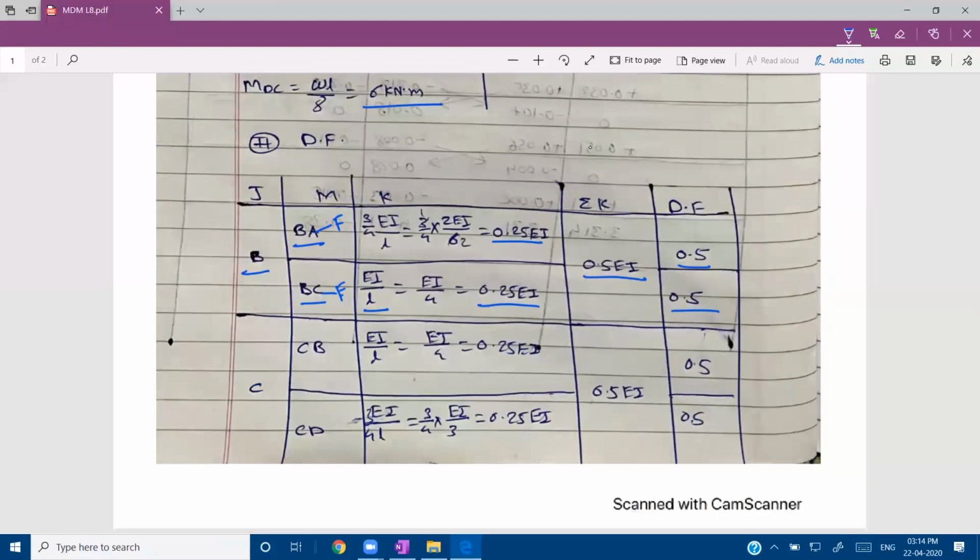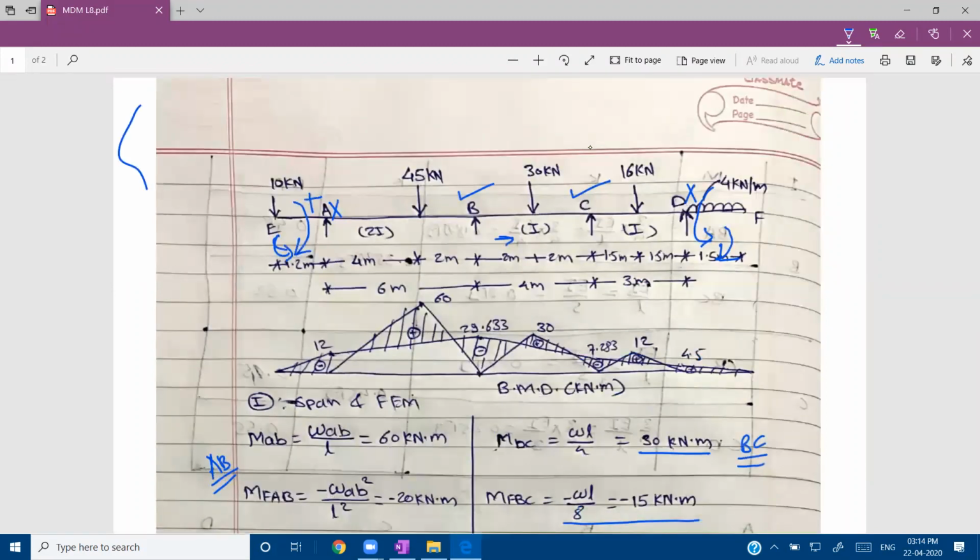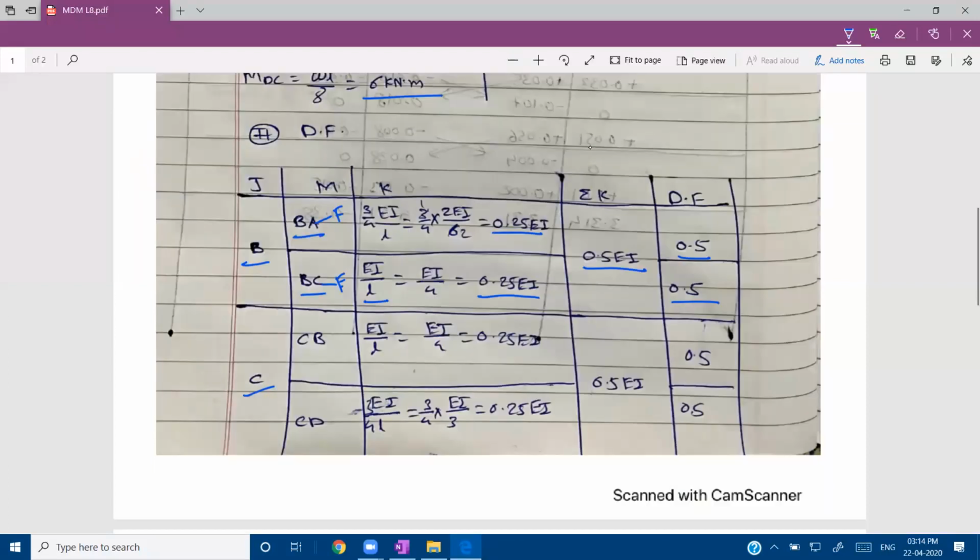Now let us come to joint C. Now at joint C, if you observe, there are two members meeting, CB and CD. For the CB member, B will be a far support and for CD, D will be a far support. So B is a continuous or intermediate support, so K is going to be EI by L. So L is 4, so it will be equal to 0.25 EI.